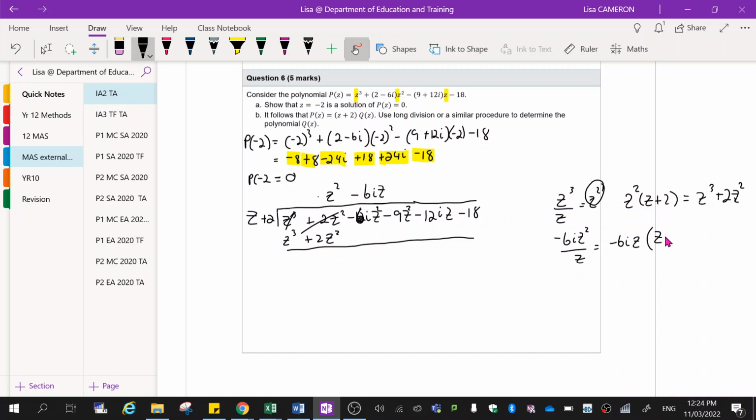Now let's work out what should be subtracted. So this times this will give me minus 6iz squared. This times this will give me minus 12iz. Oh, there should be an i in there.